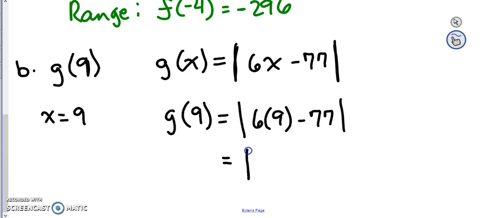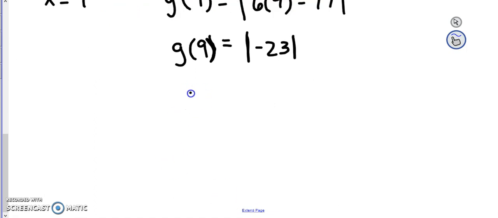So inside the absolute value bars we have a negative 23. But again, the biggest part is remembering what happens when you have absolute value bars. Whatever is inside the absolute value bars comes out positive. Perfect. So we have a positive 23 as our final answer because of the absolute value.